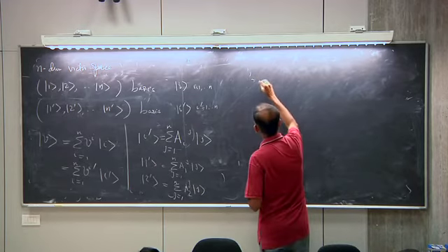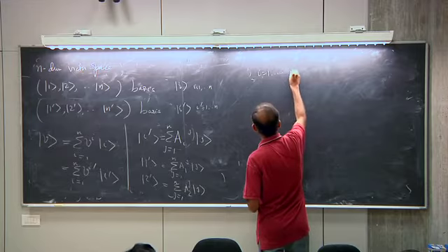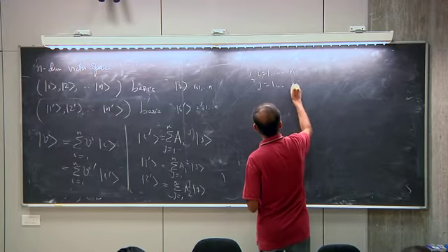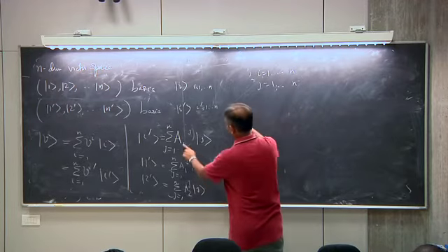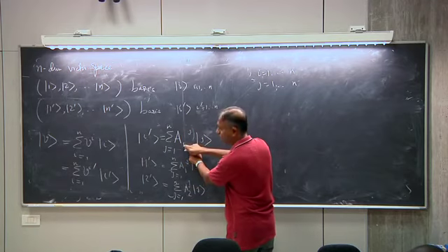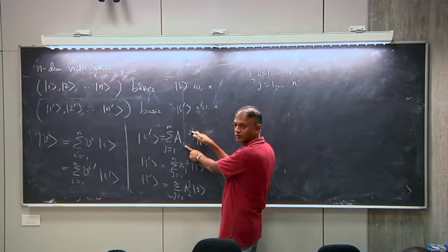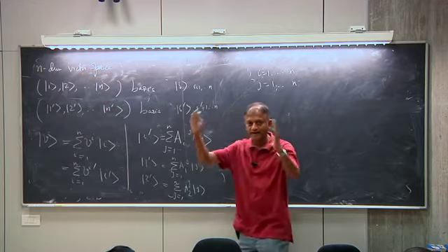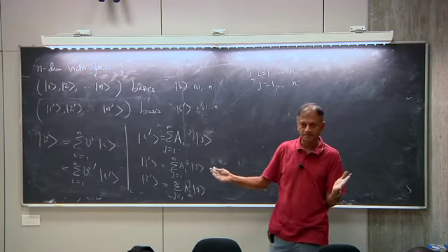So i goes from 1 to n, and j goes from 1 to n. There are n square objects here, right? I can arrange them as an n by n matrix.